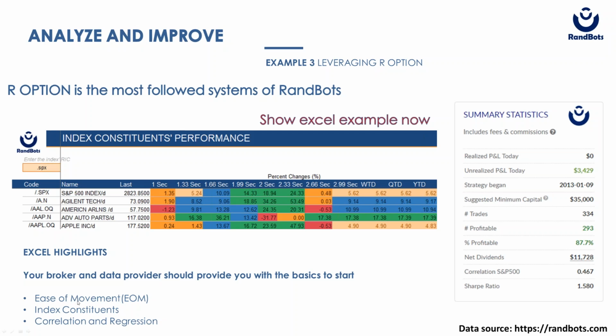One is the ease of movement, then the index constituents, and correlation and regression analysis on the indexes. And this is data that is used for our options, but I am now deploying this data on very short time frames to read what the underlyings are doing versus what the index itself is doing.